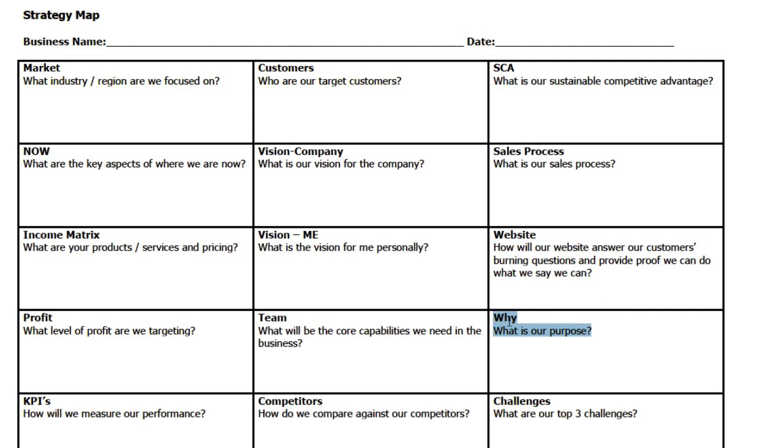The why question on here is actually a much deeper question, I suppose, about why your business actually exists in the first place. Just to give you an example, at the Podiatry Hive, we have a really clear why, or mission statement, I suppose, if you want a better word. It's something like, the Podiatry Hive exists to educate and support podiatrists to develop their own ideal business, and we're the acknowledged world leader in podiatry business development.